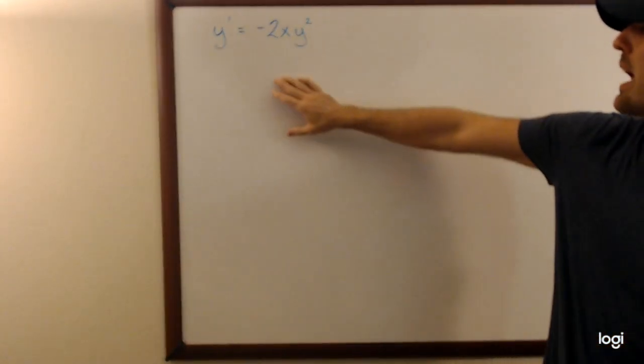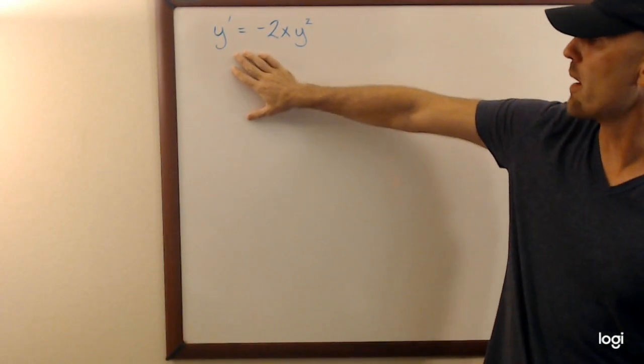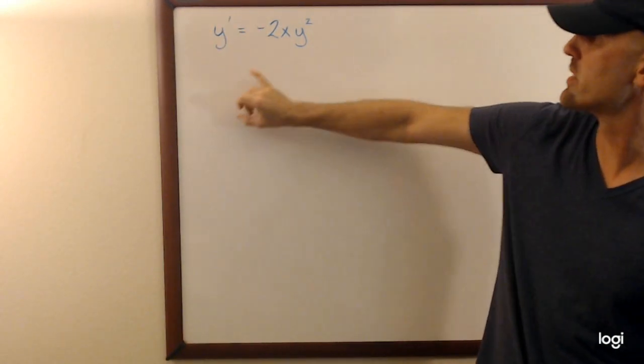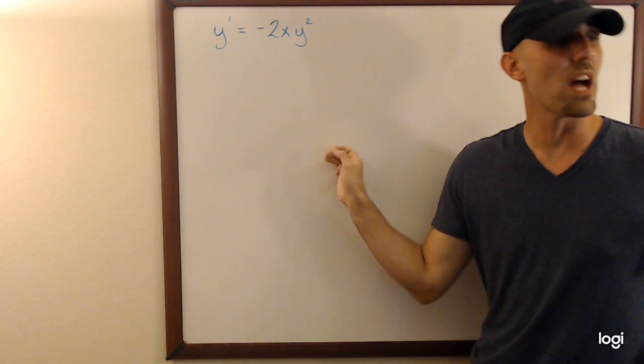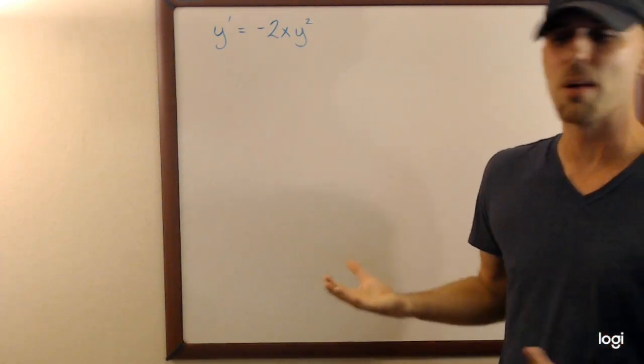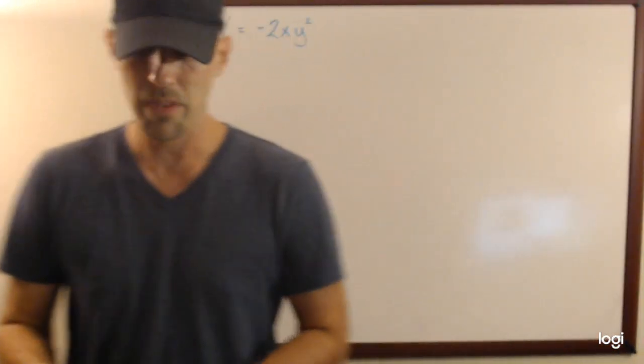Okay, so again, what we've got here, we have our differential equation. This is dy/dx. I've got some x's and some y's, and they're not separated, so I will need to actually separate them myself, and that's not a huge deal. Okay?